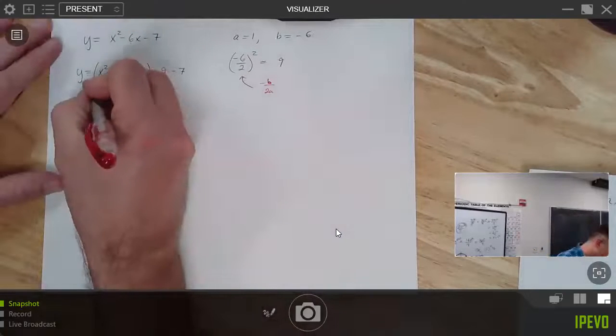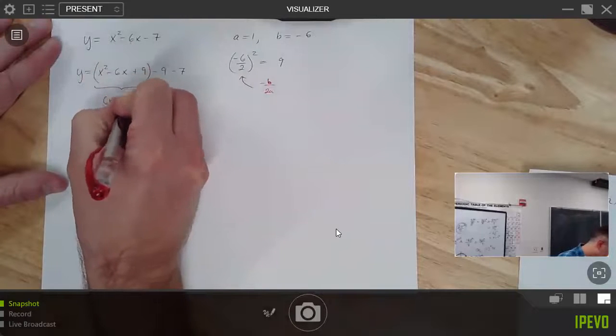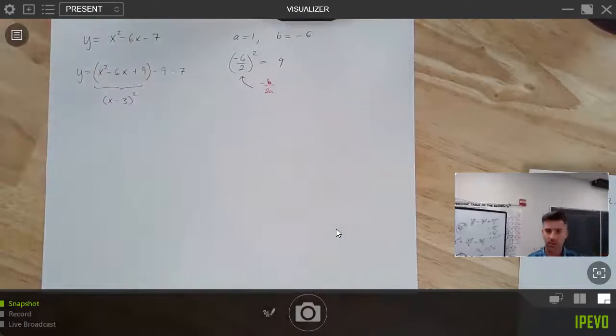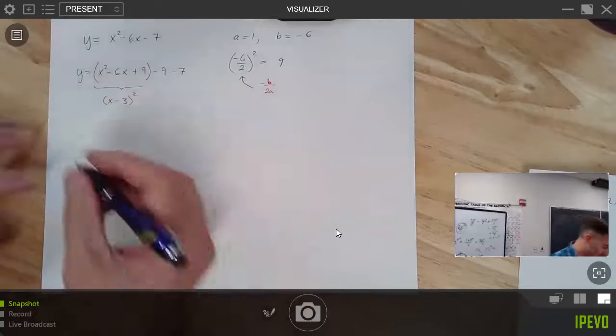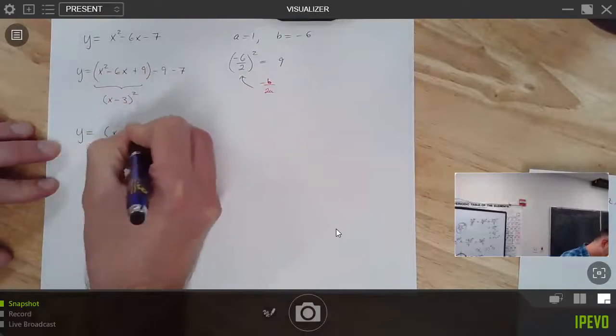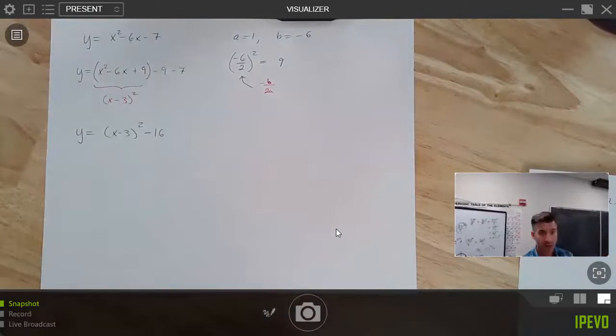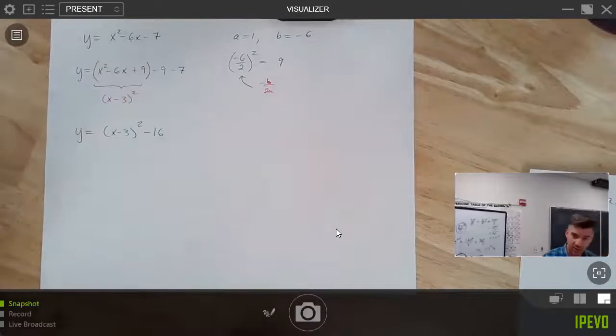Then this part here is going to be (x minus 3) squared. And so this becomes y equal to (x minus 3) squared minus 16. And when you write it this way, you exactly get the vertex.